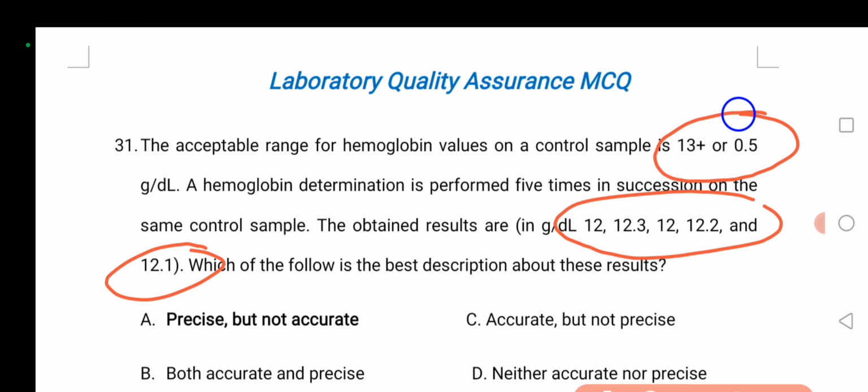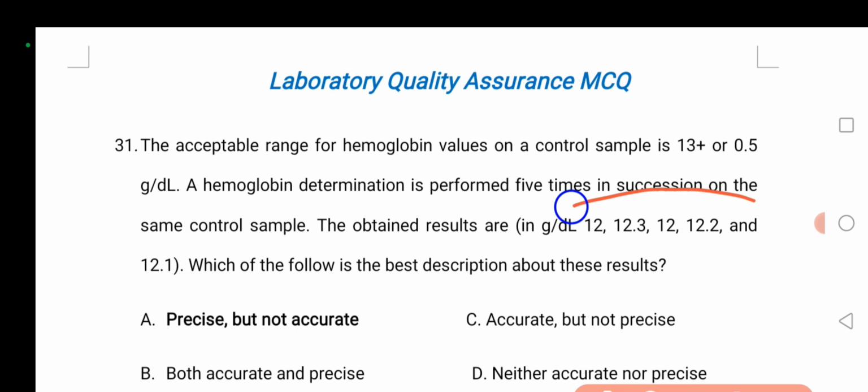It means 12.5 up to 13.5. But the results we obtained are around this, close to each other, but not close to the accurate result.